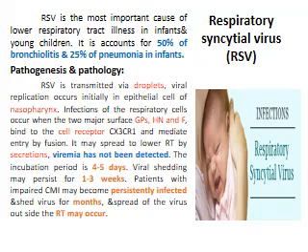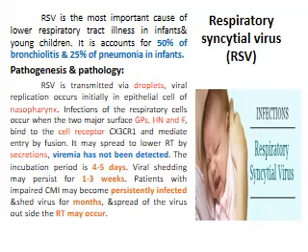Viral replication occurs initially in epithelial cells of the nasopharynx. Infection of the respiratory cells occurs when the two major surface glycoproteins, the attachment glycoprotein and the F glycoprotein, bind to the cell receptor CX3CR1 and mediate entry inside the cell by fusion. It may spread to the lower respiratory tract by secretions.